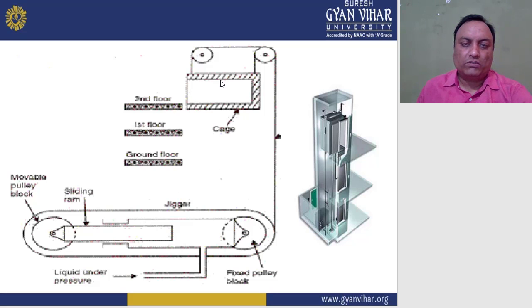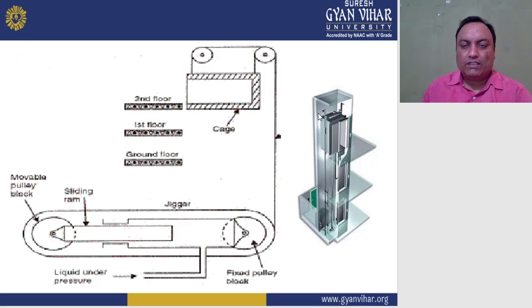If you want to send this lift downward, then you just stop this here, and this liquid is sent to the reservoir. In this condition, this piston moves backward, and at that time this lift goes down, right? So this is the operation of this lift.